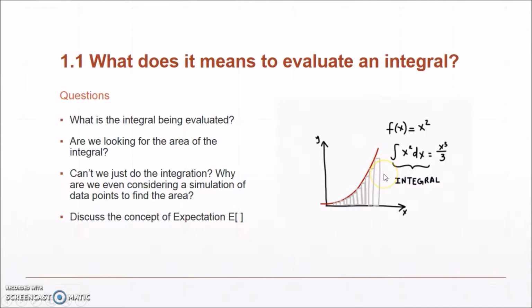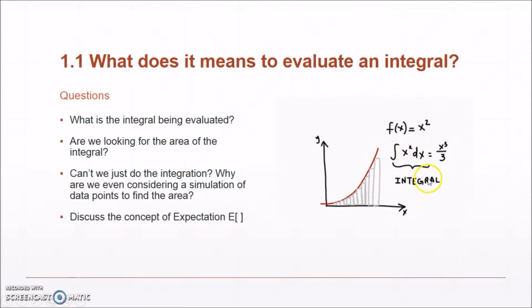To answer these questions, I have a fairly simple example right here. We have the function f of x equals x squared, graphed right here, and we are looking for the area under this curve.